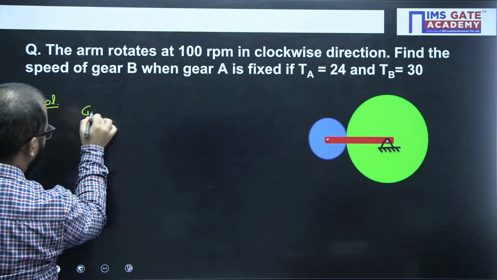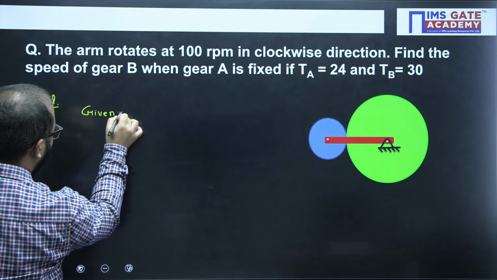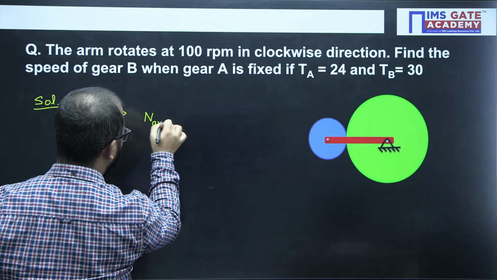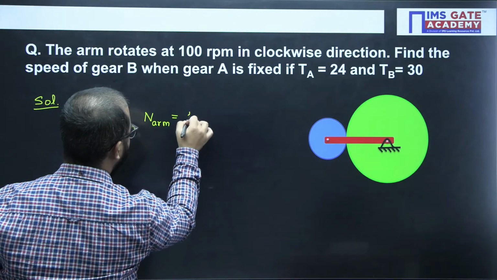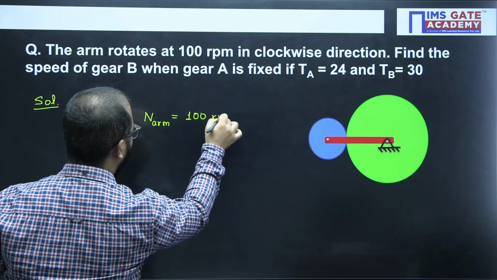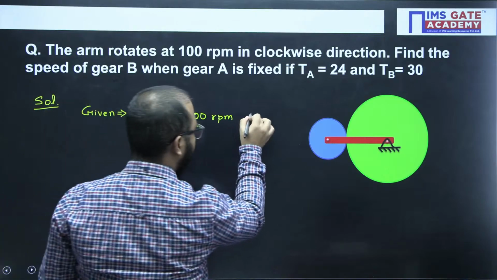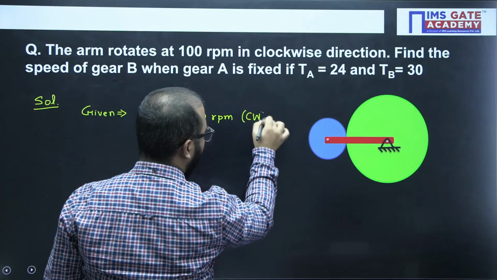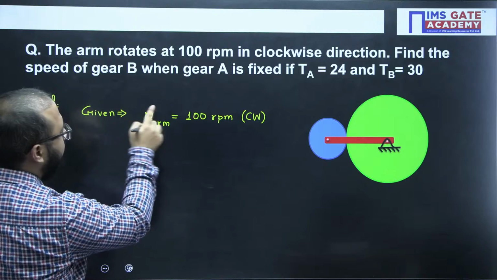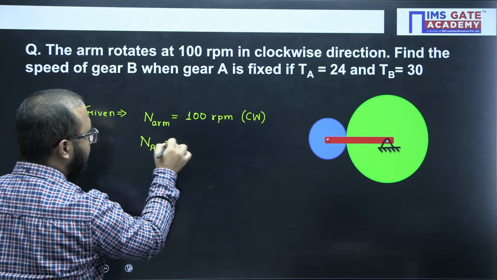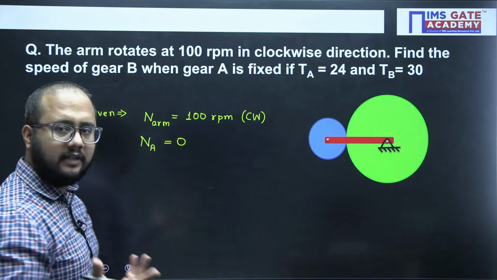First of all, I will write down the data. The speed of rotation of the arm is 100 RPM in the clockwise direction. Fine. Speed of gear B when gear A is fixed. When gear A is fixed, its speed of rotation will be 0. That is common sense here.